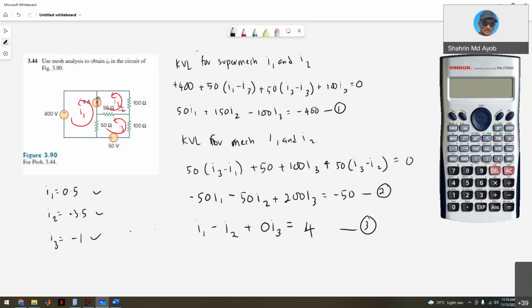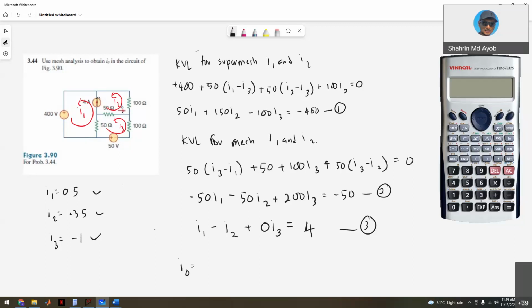So to obtain IO, based on this direction, IO is in the same direction as I2, but this branch current IO is shared by two currents, I2 and I3.